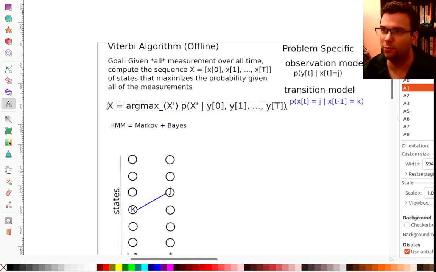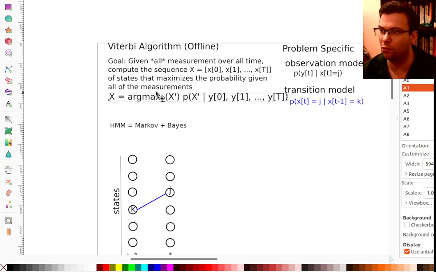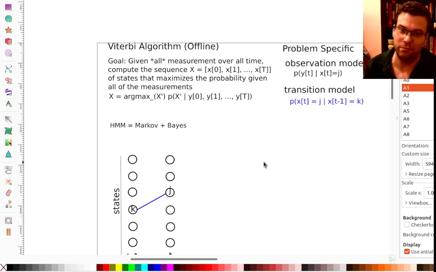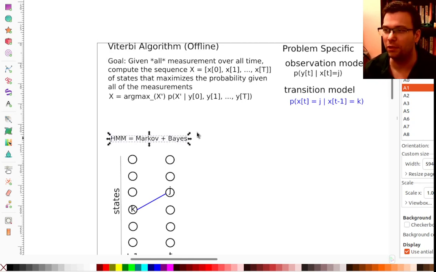This is what I'm trying to solve for. This is my goal: I would love to find the sequence that maximizes this probability.